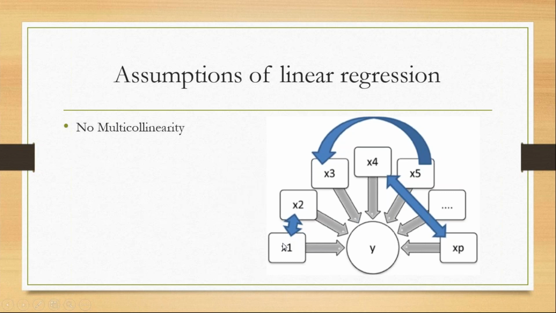In that way, my model becomes quite robust. It is quite flexible and easy to adapt to new values, or when an out of sample comes in. So multicollinearity shouldn't be there, and the best way to check is through VIF, variance inflation factor.